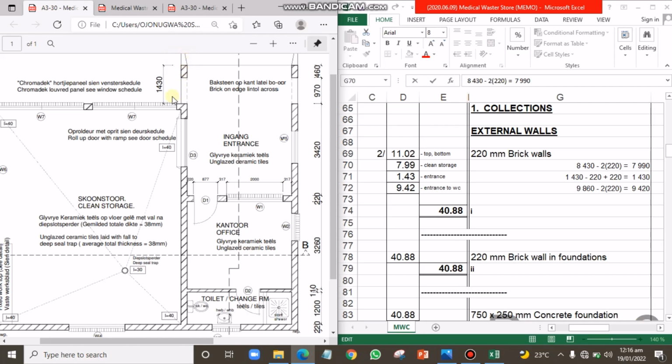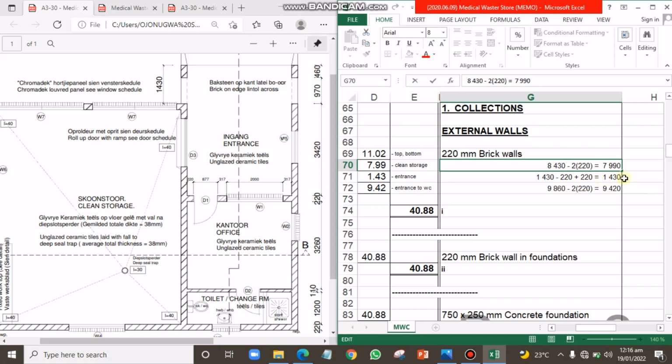Here we are minusing 220 for the spread, and here we are adding 220, because the spread above here will be added to this length, while the spread here will be deducted from this length. So minus 220 plus 220 would cancel out each other, and we'll be left with just 1,430, exactly the figure we had here.